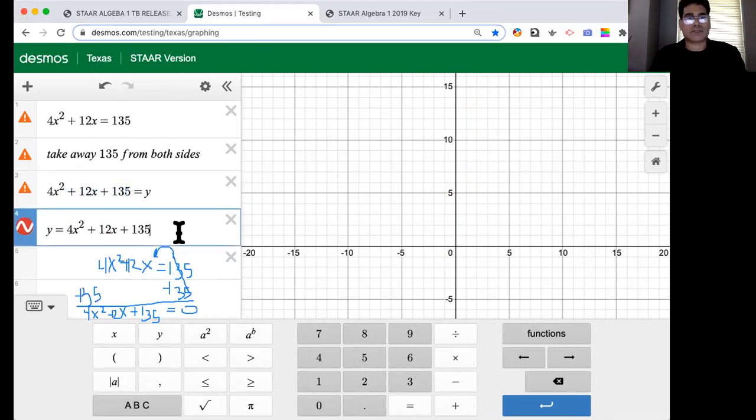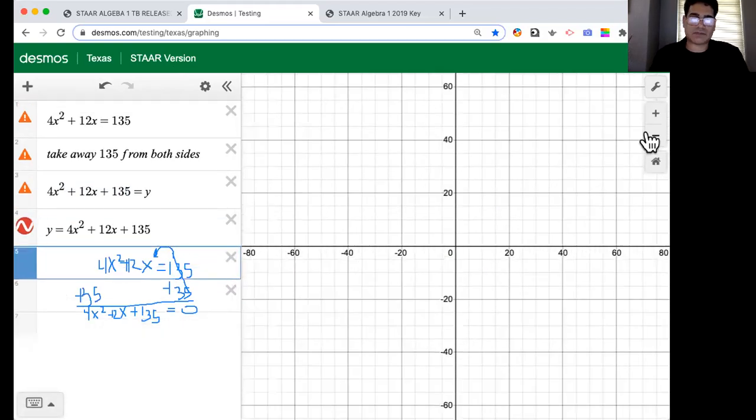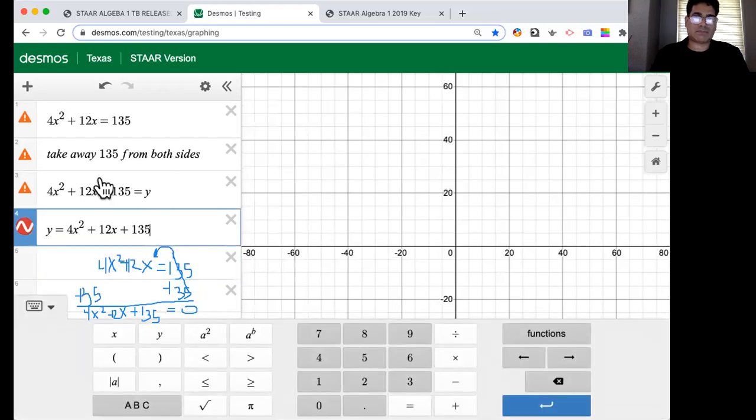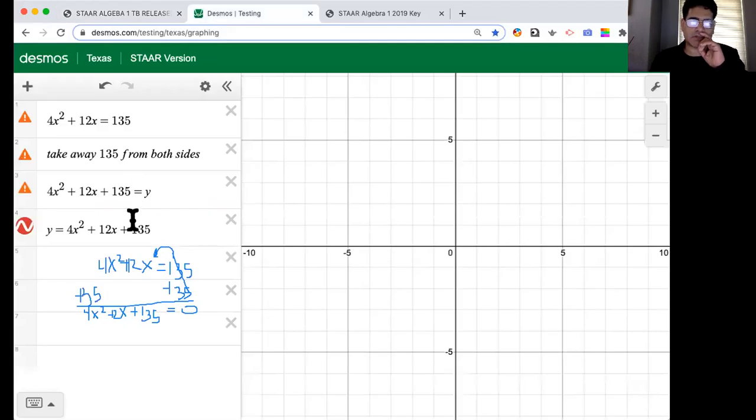Okay, so I press enter. What do I have? Okay. All right. I have this in this equation form. All right. And let's go back and look at our problem. And we're back at that. And let's see, 4x squared plus 12x equals 135. And Desmos, and hold on a second. 135.